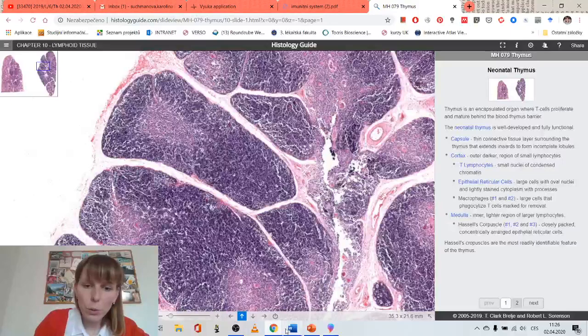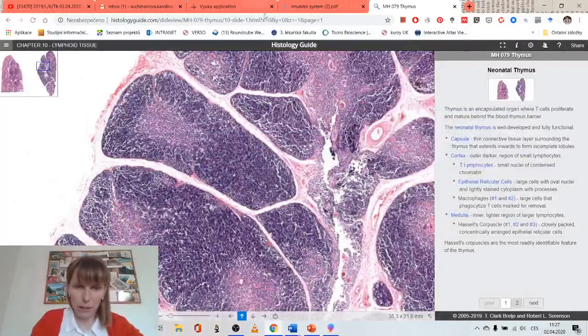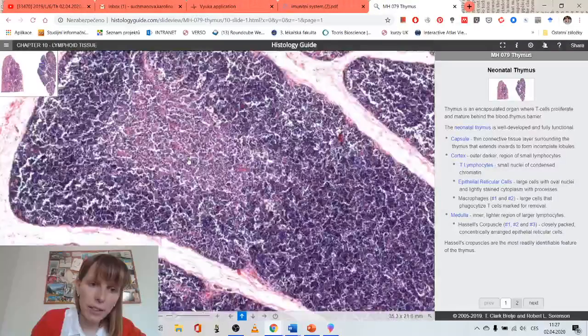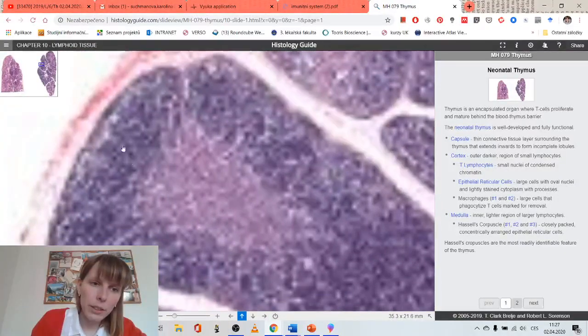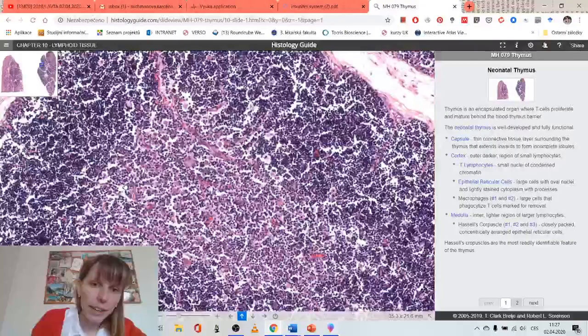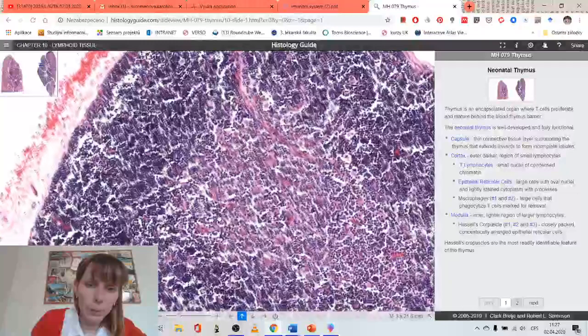So what we need to see in the thymus slide is just cortex and medulla, very easy to recognize, and Hassall's bodies in the medulla, the keratinized bundles of the epithelial cells. So let's zoom in. Most of these cells are T lymphocytes, no follicles, but you have a capsule, so easy to recognize the thymus.